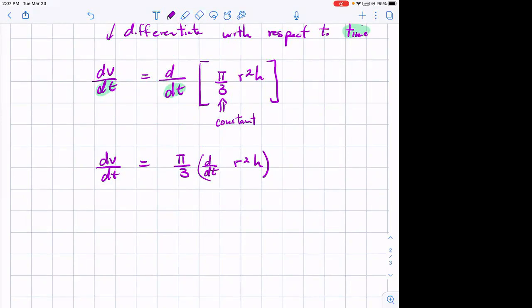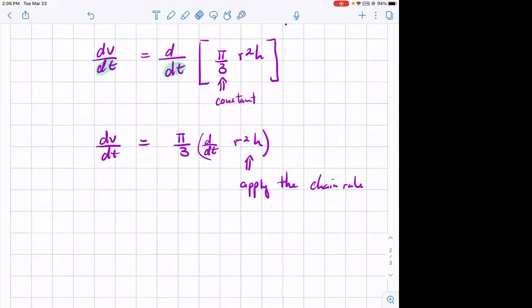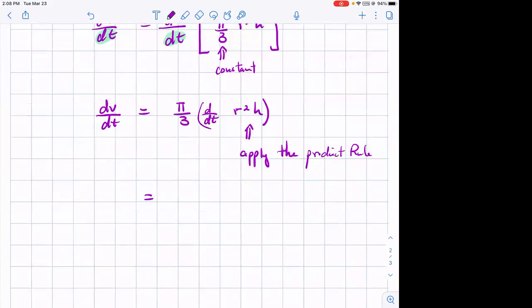Now, if we differentiate this, we have to use the chain rule. Apply the chain rule or the product rule. So this becomes dV/dt, the pi over 3 will stay on the outside.